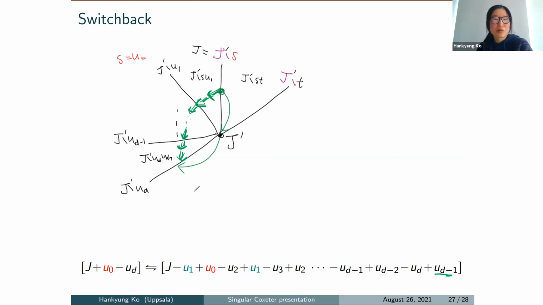The last one you add was the minus 1. So I'm trying to say the switchback relation is really just the same as in the rank 2 case.